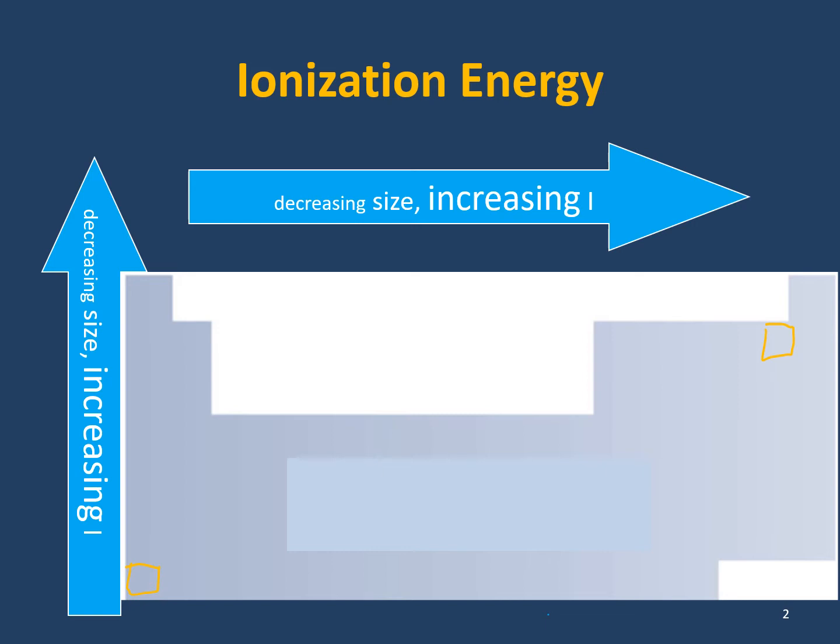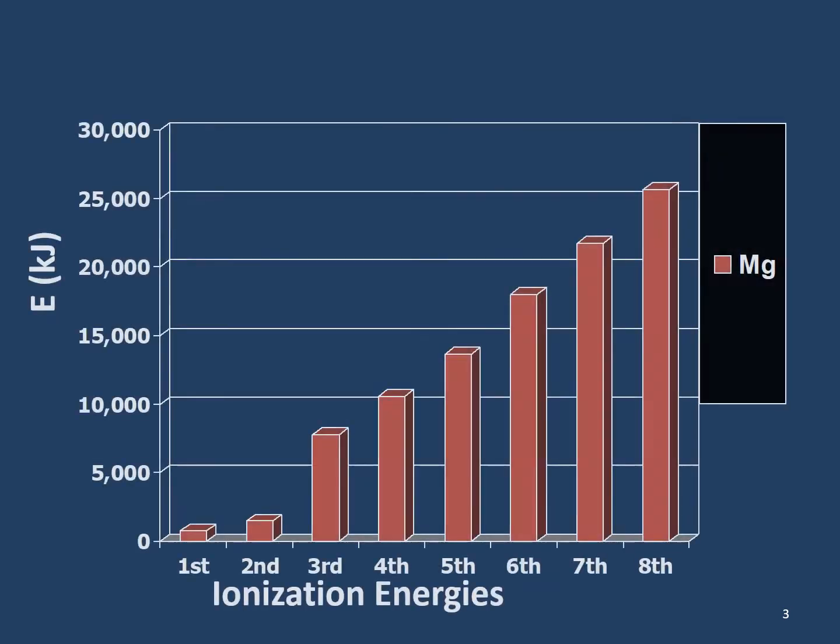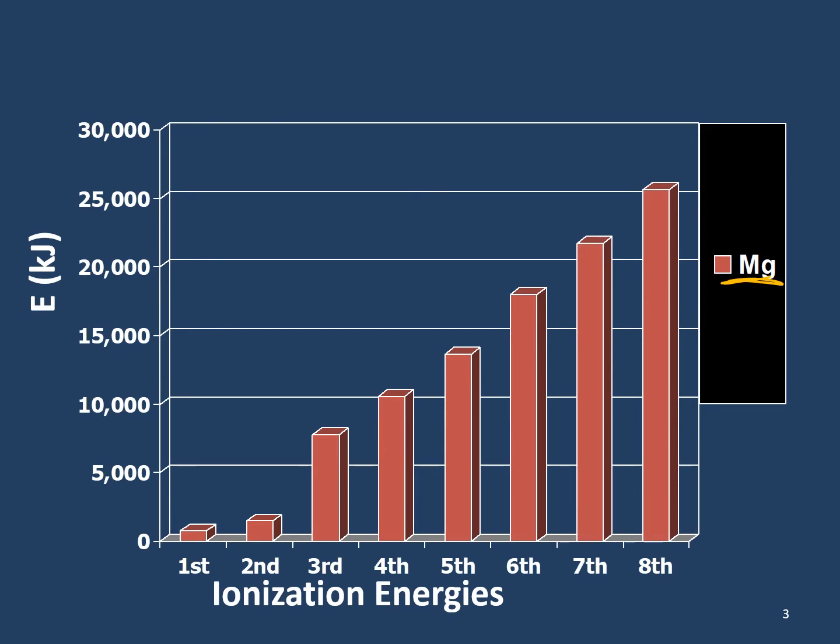But there's another fun thing we can do with ionization energies as well. Let's look at a graphical representation of the ionization energies for magnesium. You can see we have our first ionization energy here, probably maybe 800 kilojoules or so. Now for the second, we're looking at probably a good 1600 to 2000 kilojoules.